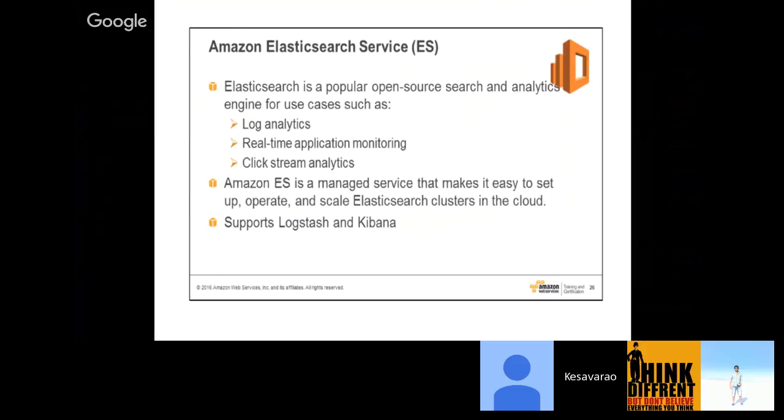It could be Amazon Elasticsearch, which is like an analytics engine. This will do some of the analytics already, which we looked at in some of the earlier classes, like how Elasticsearch could do log analytics, real-time application monitoring, clickstream analytics, and all that. This is just to give you an example of one way of doing analytics.